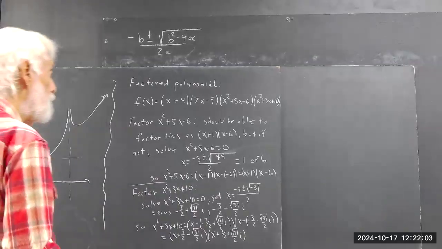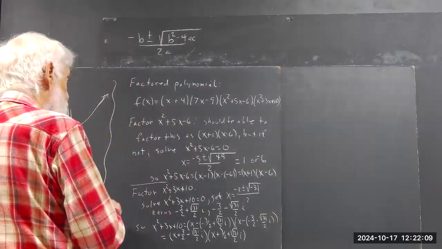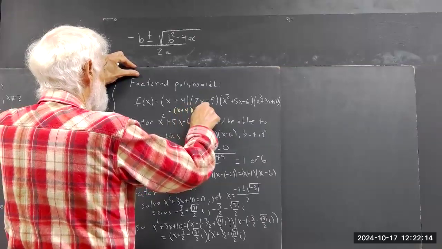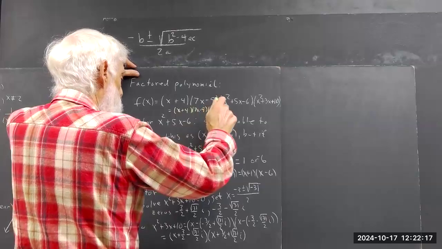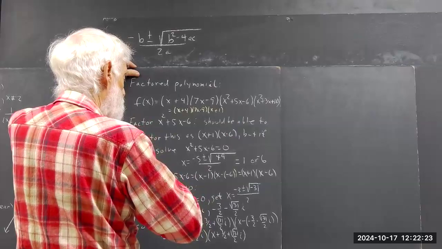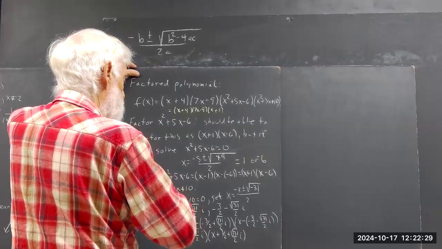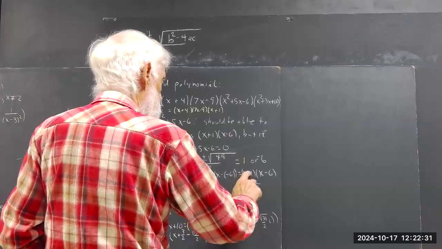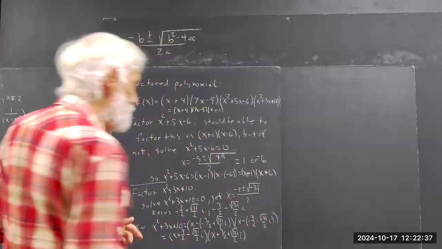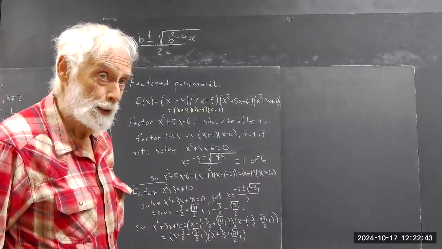So the factored form of this polynomial ultimately we can fill in. I wrote the signs down wrong here. It should be x minus 1 here and x plus 6 here. I'd only give myself 1/3 credit if I put that in.